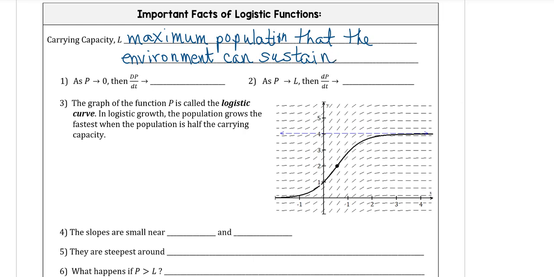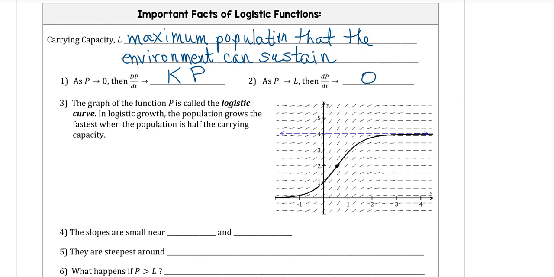So that means as p approaches 0, dp dt is going to equal kp. Okay, and then as p approaches L, dp dt is going to approach 0.